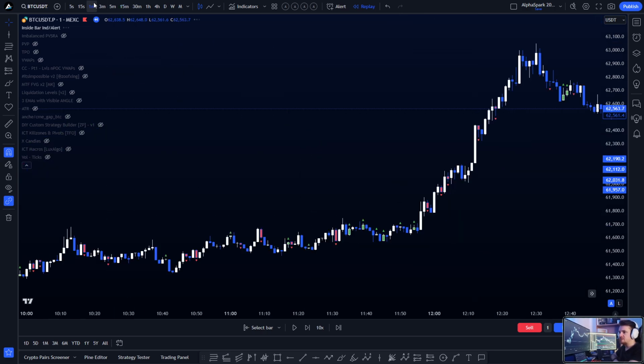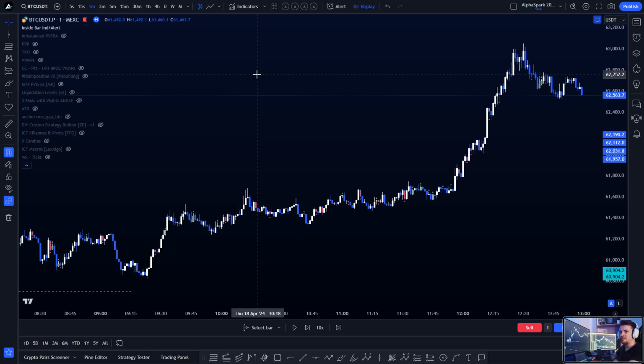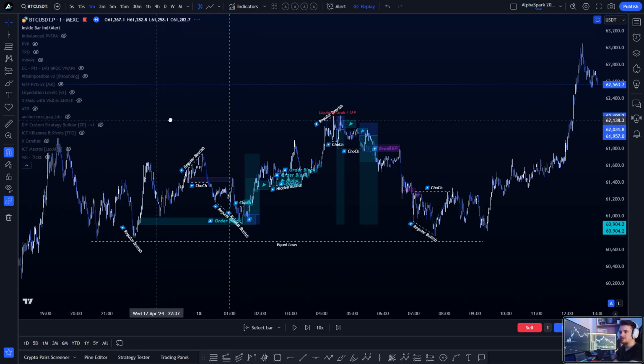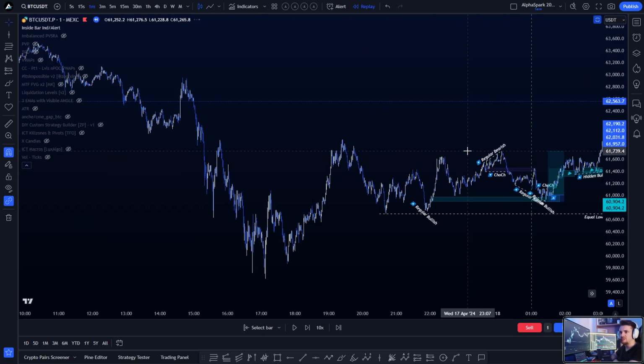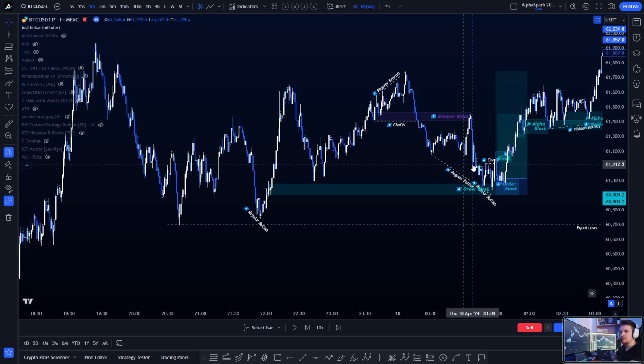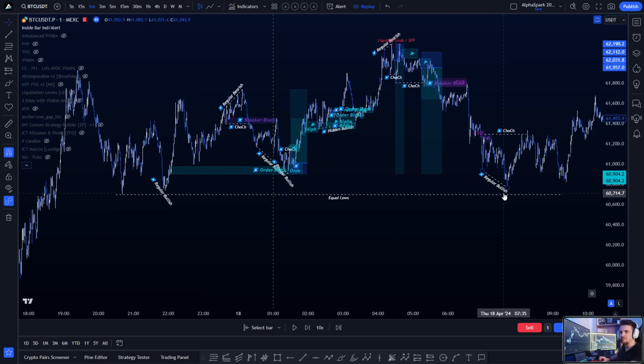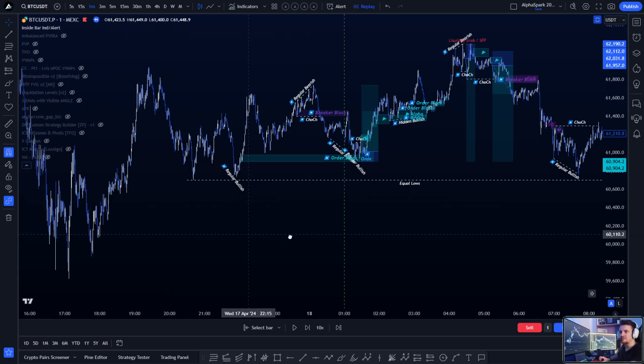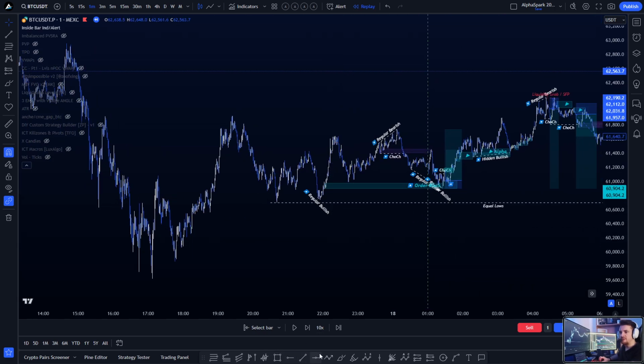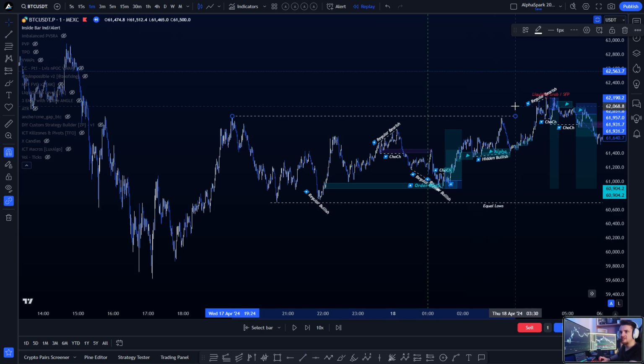And as such, creation of internal liquidity would be what would be expected, right? And what I mean by staying inside internal liquidity would be between this line, which eventually created equal lows with the start of the London session, and also potentially stay inside this area.